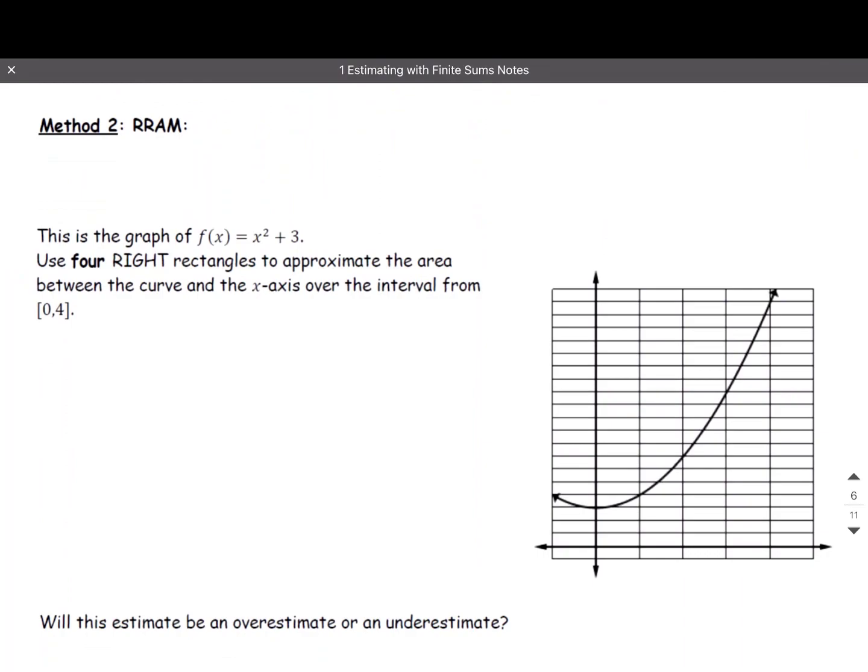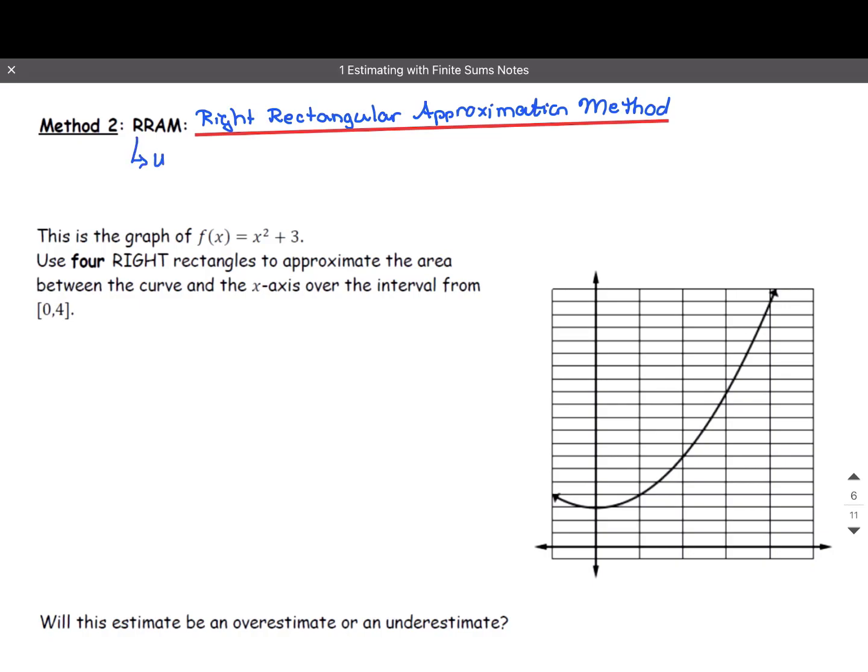The next method is an RRAM. That's a right rectangular approximation method. And for the RRAM, we're going to use the right point of each subinterval to find the height of the rectangle.